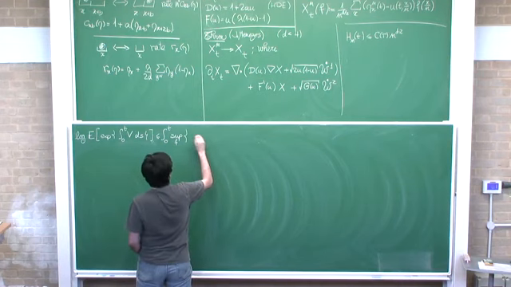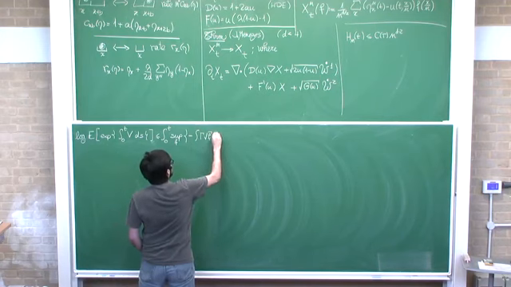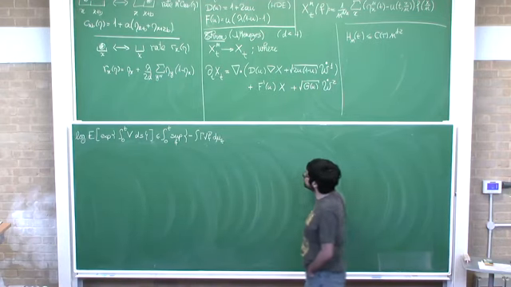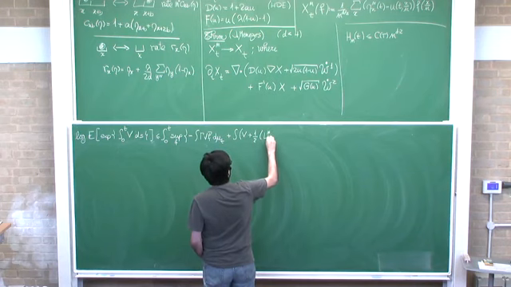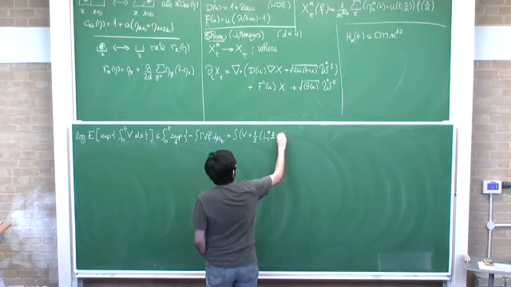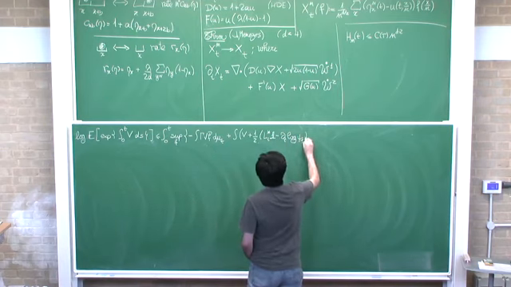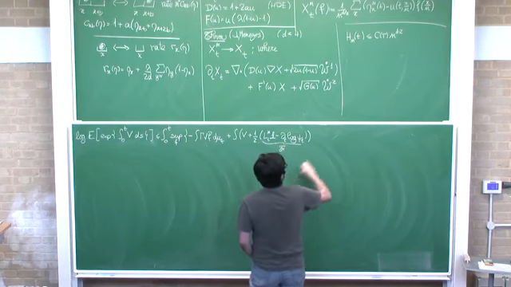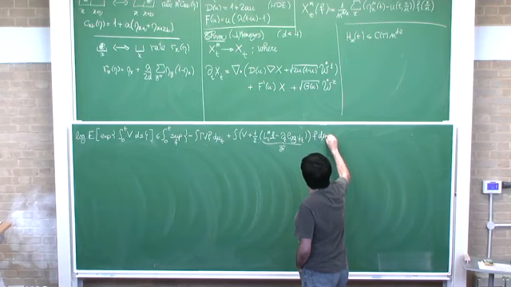And here you have a minus this Fisher information, which was the integral of the square root of f with respect to the reference measure, plus the integral of v plus 1/2 L star t of 1 minus dt log psi t, times f mu t.